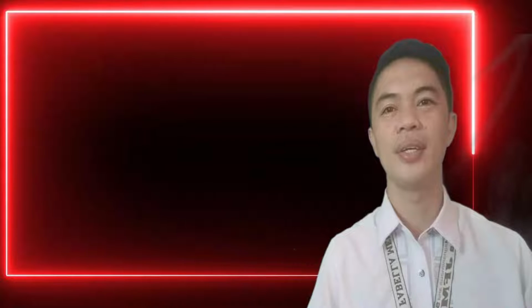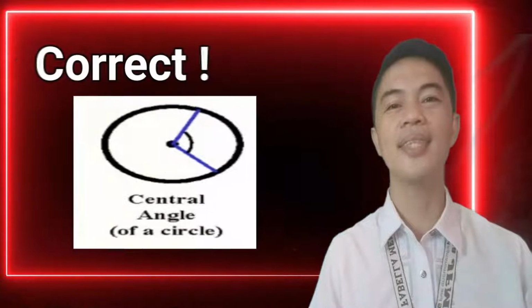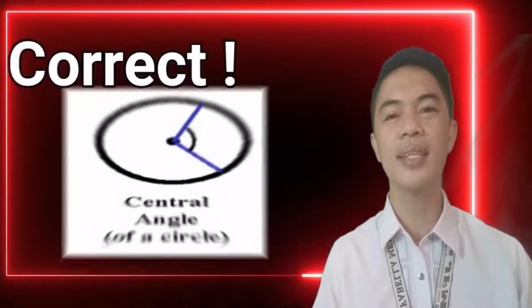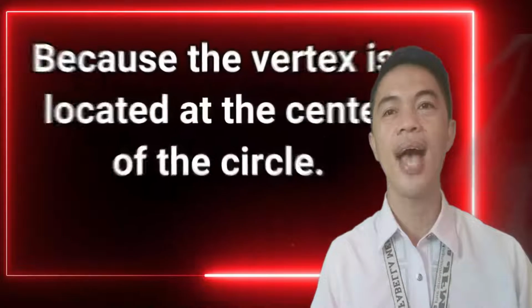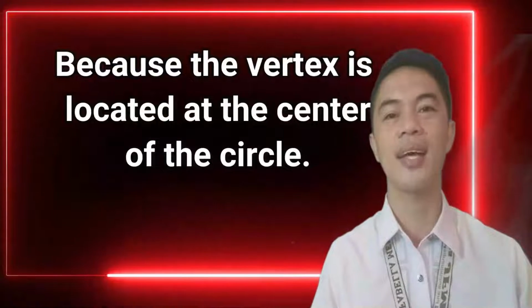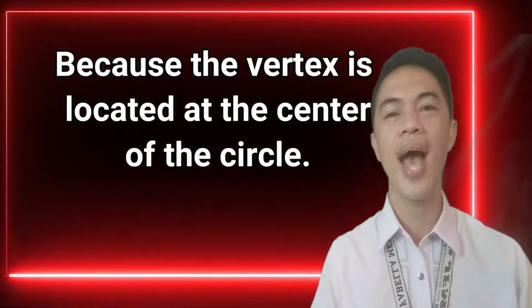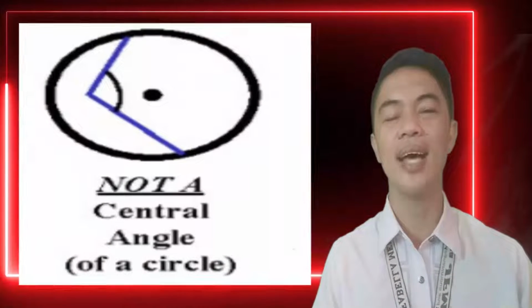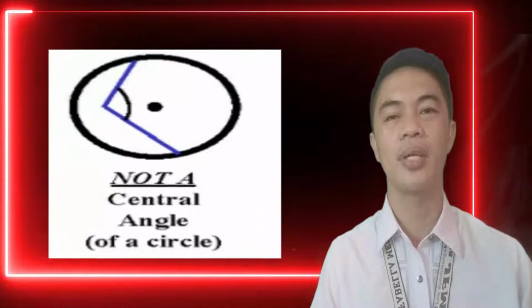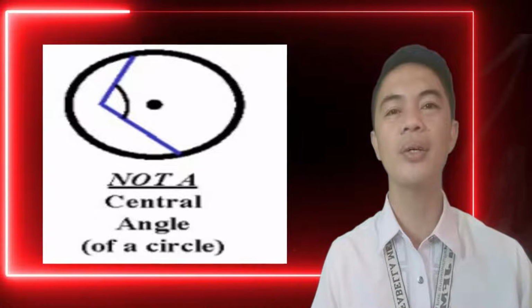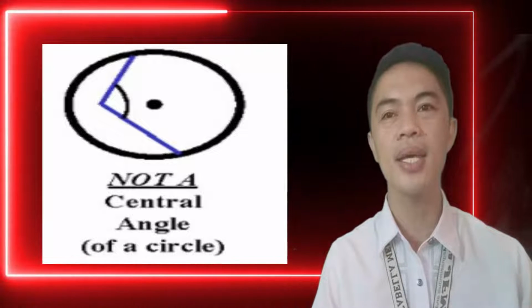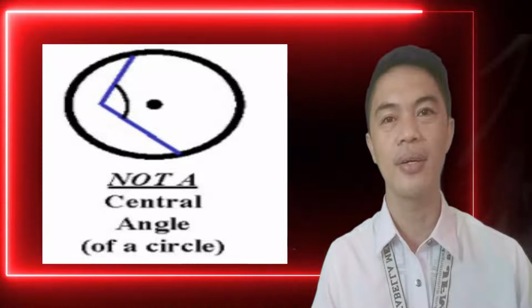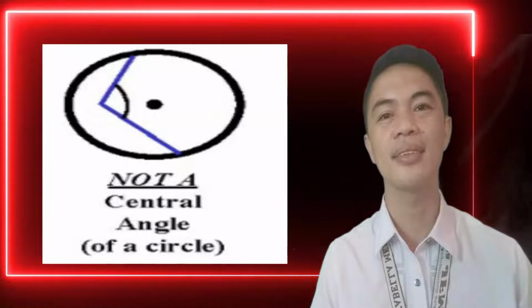Very good. The first circle has a central angle because the vertex is located at the center of the circle, while the angle on the second circle is not a central angle because the vertex, which is point B, is not located at the center of the circle.